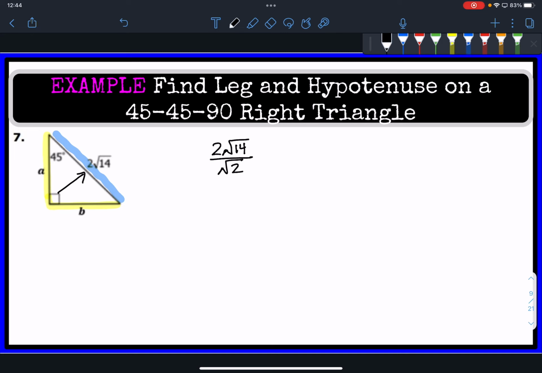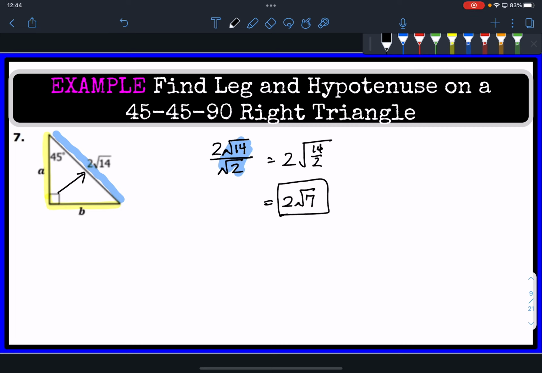Now, here, because we have two possible values, we have the 2 and the radical 14, these two numbers are inside the square root. So the fastest way of doing this is to simplify the two radicals. This is equivalent, let me highlight this, as basically having this 2 on the outside, and on the inside of the square root having 14 divided by 2, which reduces to 7.